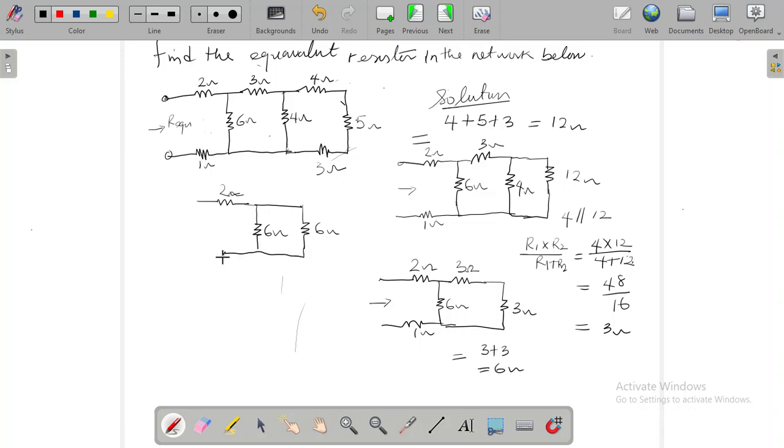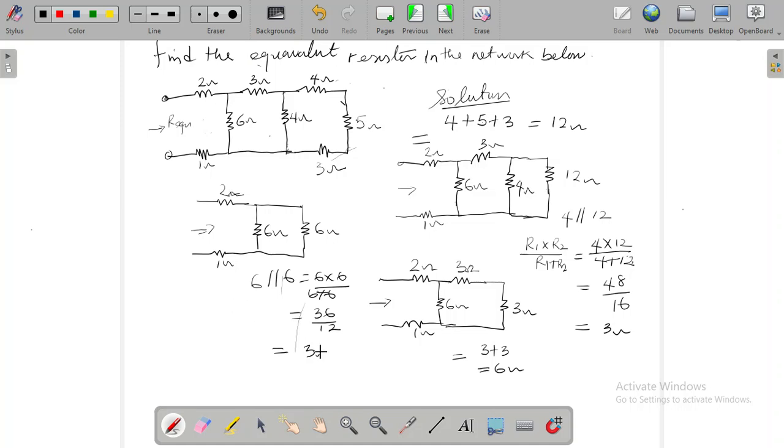And then we have 1 ohm here. So what we need to do now is to resolve this. 6 parallel 6 will give us 6 times 6 all over 6 plus 6, which is 36 all over 12. That will give us 3.